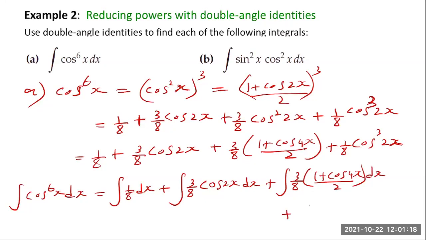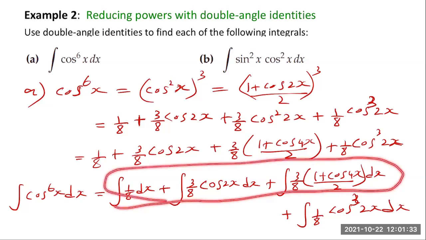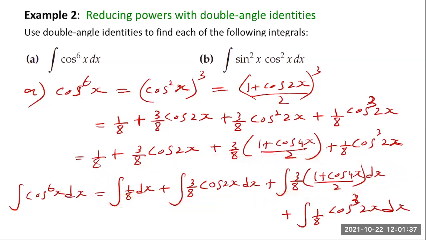Finally, I have the integral of 1/8 cosine cubed 2x dx. Now I can deal with all of these integrations. We know how to solve these integrals, so let's solve those first, and then we will leave the last one for the next step.